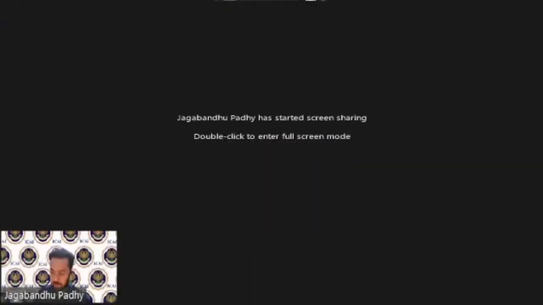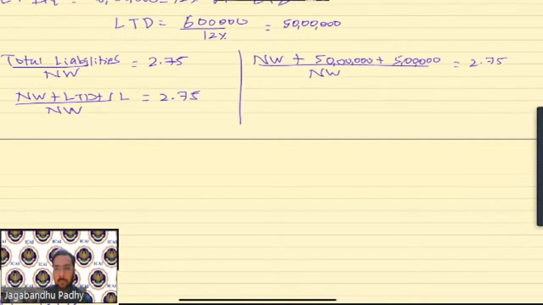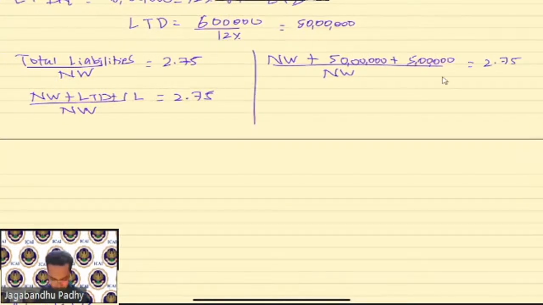Oh wait, it's the total of liabilities. So ideally, total liabilities should not include equity, because our net worth is never a part of our liabilities, right? If it is total liabilities, it should include only long-term debt and current liability. It should not include the net worth, right?